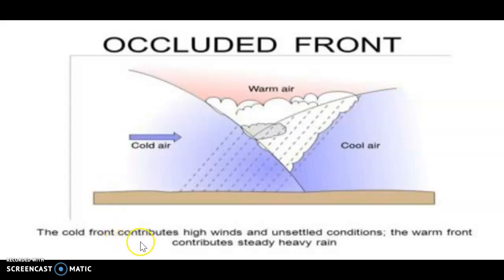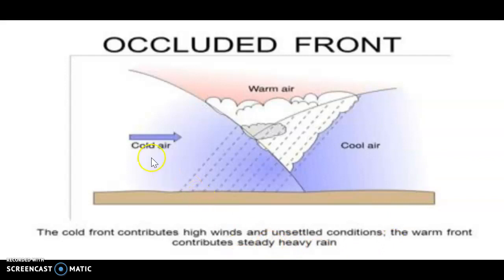So cold air contributes to high winds, and you can see fully well the cold air moves in a specific pathway, and the existing warm body of air would be met by this advancing cold air, so the whole system is moving in a specific directional path. The warm front, as you can see at the bottom here, provides steady rainfall. Why is that? Because warm air masses are very saturated.